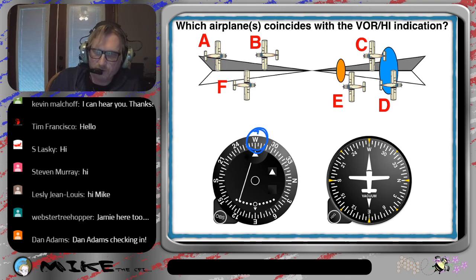We put it up there for reference, but it doesn't actually do anything. It's always going to be tuned automatically to whatever the front course is on a VOR indication. And so going on the front course, we can see that we have a left needle deflection. That means that we're somewhere to the north.